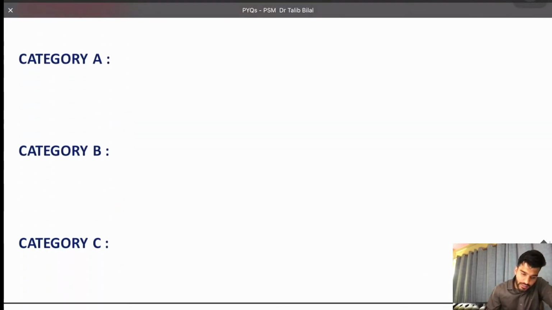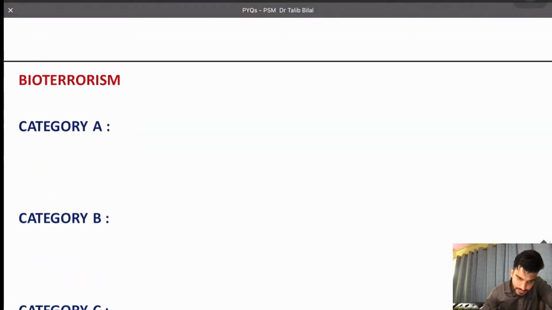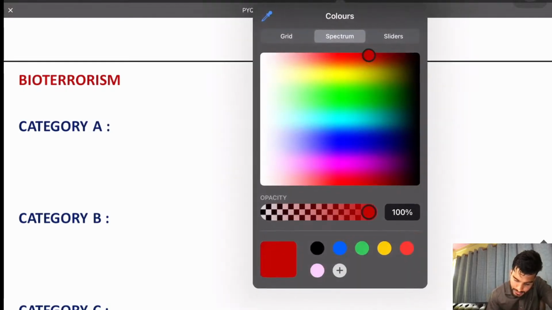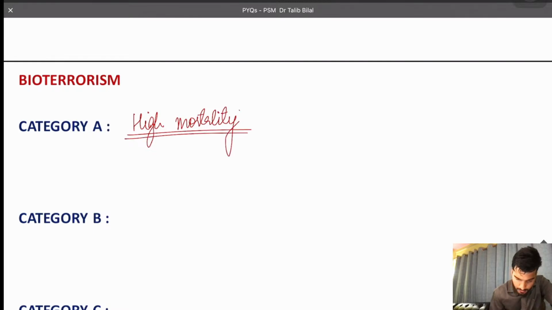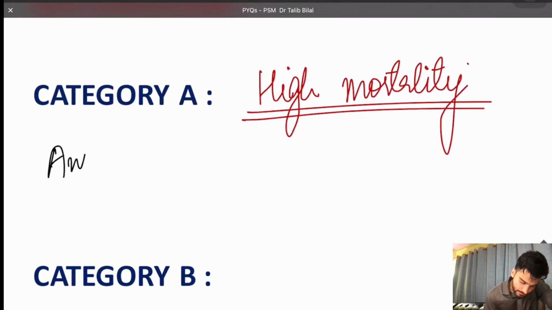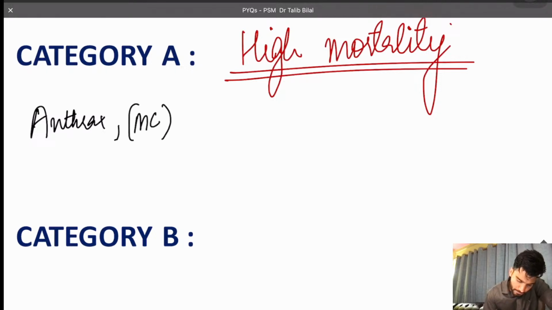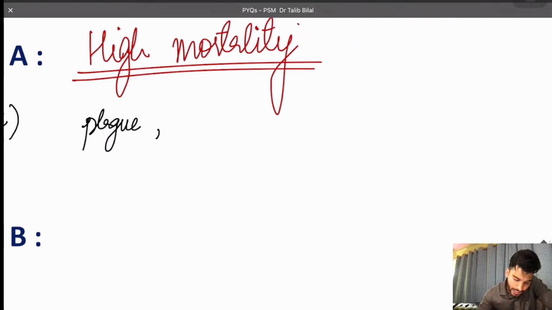In bioterrorism, we have three categories. Category A has high mortality. For example, anthrax is the most common. The second most common is plague, followed by botulism, which is very lethal because of its toxin.